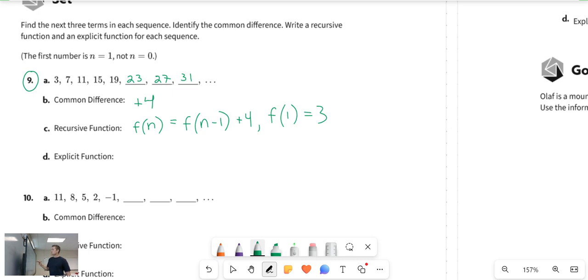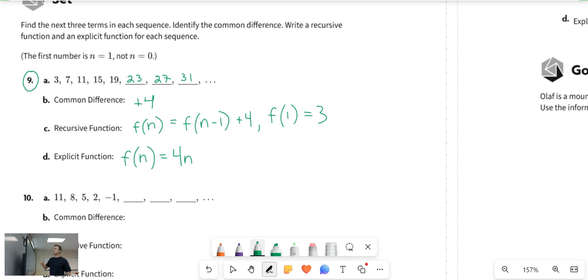And our explicit function, so what would our starting point be? That's like if we plug in 0. We're jumping up by 4 each time. So we're definitely going to have f of n equals 4n. And then where are we starting?